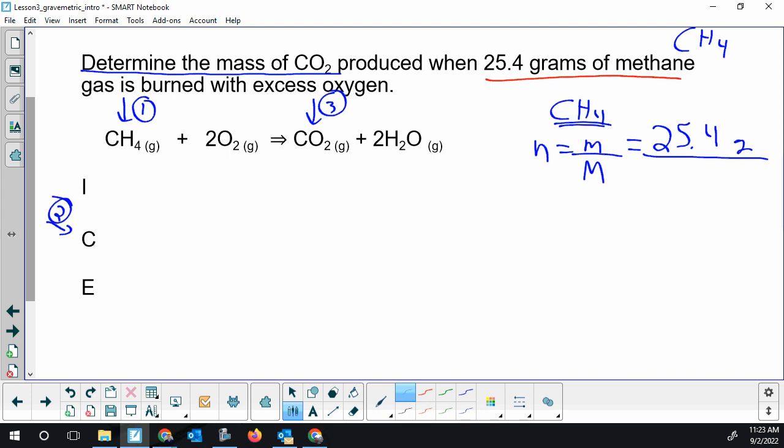So when you take the 12.01 and 4.04 for all of the hydrogen, you get 16.05 grams per mole. Again, this is using your data table. It's not in the question.